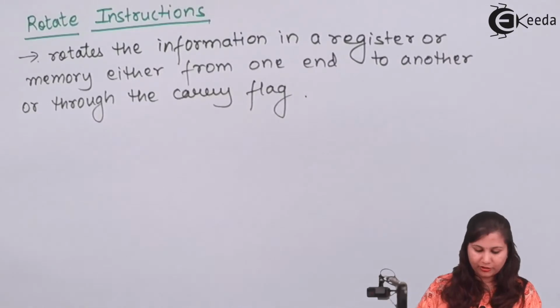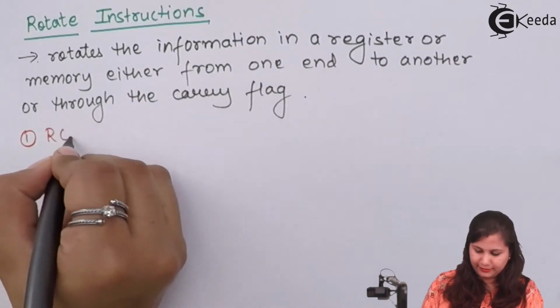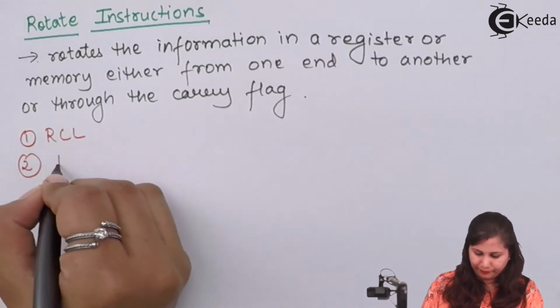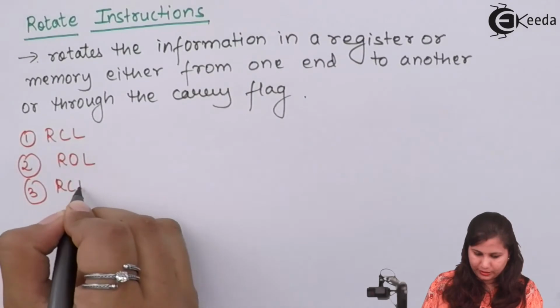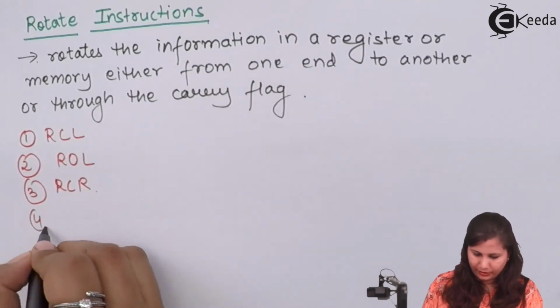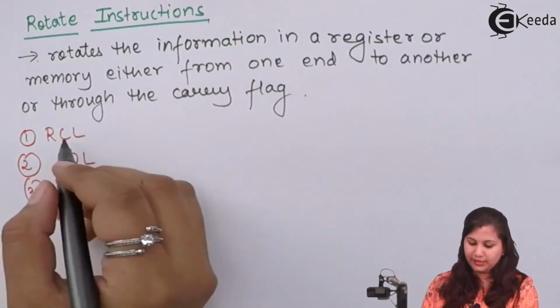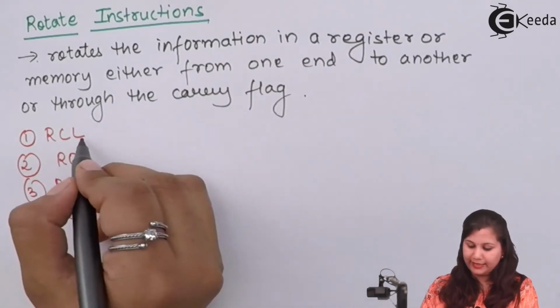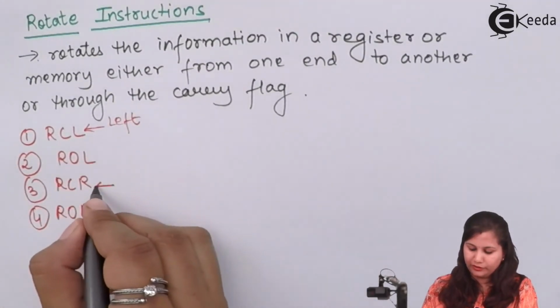In rotate instructions, we have four types: RCL, ROL, RCR and ROR. So these are the rotate instructions. L is for left and R is for right.